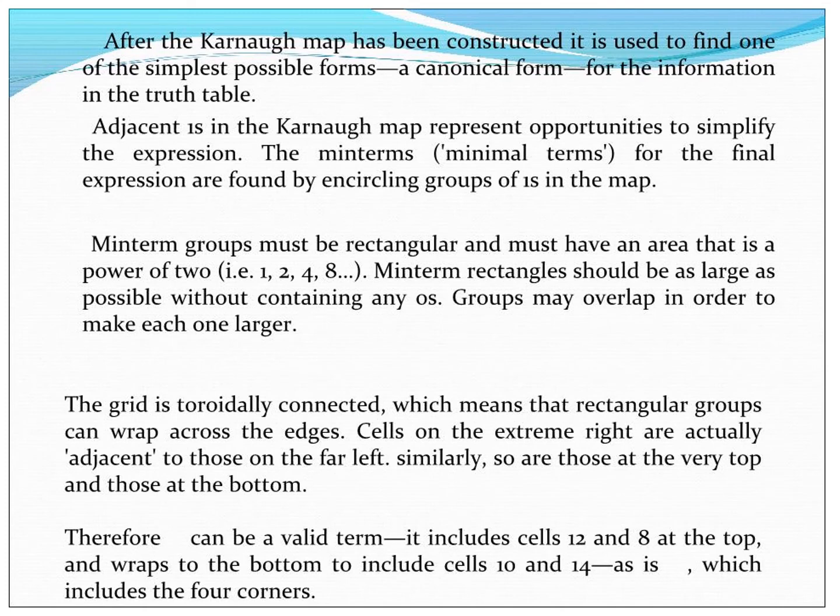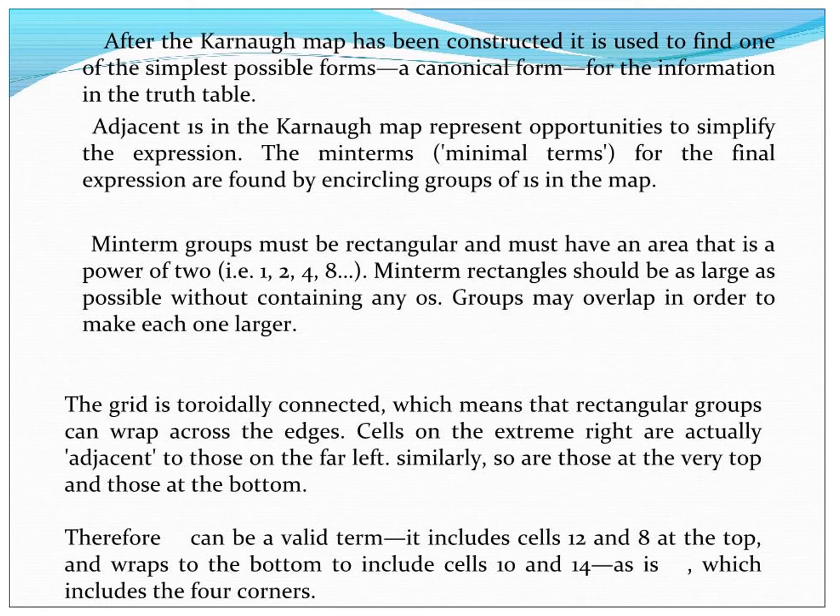After the K-map has been constructed, it is used to find one of the simplest possible forms, a canonical form, for the information in the truth table. Adjacent ones in the K-map represent opportunities to simplify the expression. The min terms for the final expression are found by encircling groups of ones in the map.